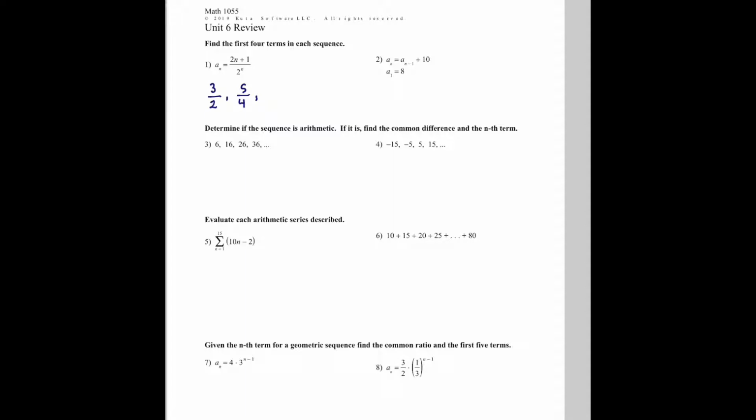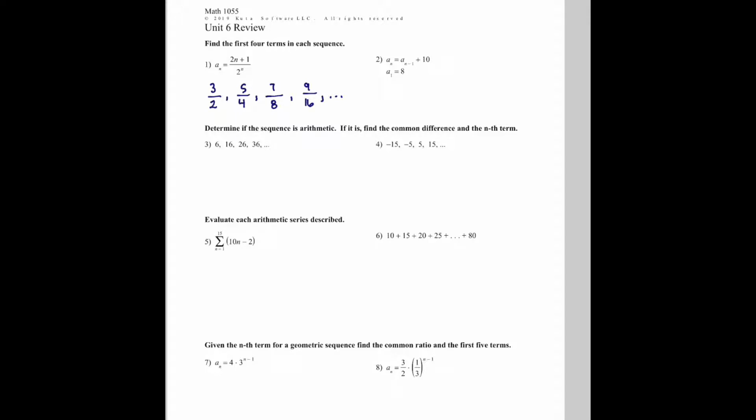For the third term, I plug n equals 3. That's going to give me a 7 in the numerator. And then 2 to the third power is 8. And then for the fourth term, plug in a 4 for n, so that's going to give me a 9. And then in the denominator is 2 to the fourth power, which is 16.